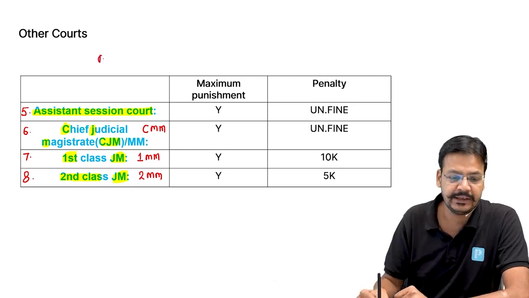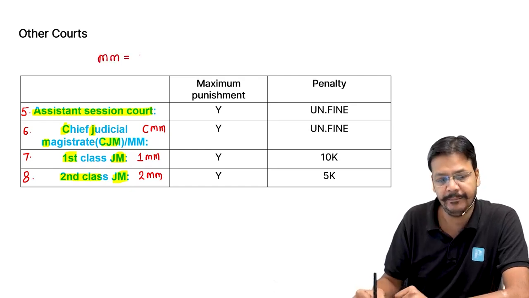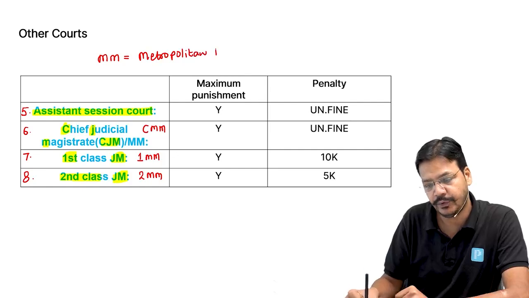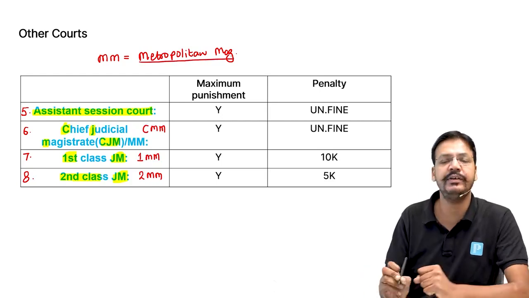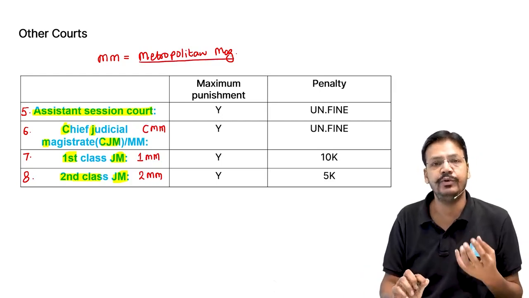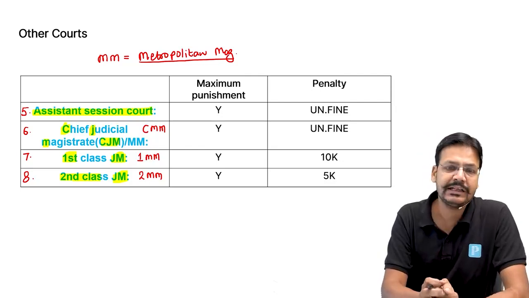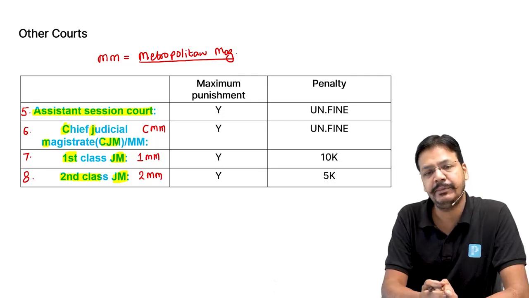What is the meaning of MM? Metropolitan Magistrate. So in Metro City we use CMM, Chief Metropolitan Magistrate, first class Metropolitan Magistrate, second class Metropolitan Magistrate.